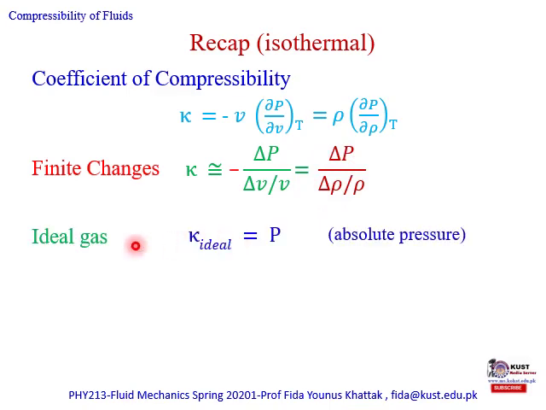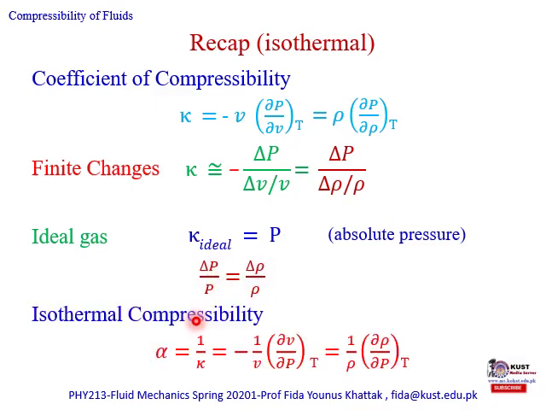And remember, for an ideal gas, kappa was equal to the absolute pressure P, or we could write delta P over P is equal to delta rho over rho.